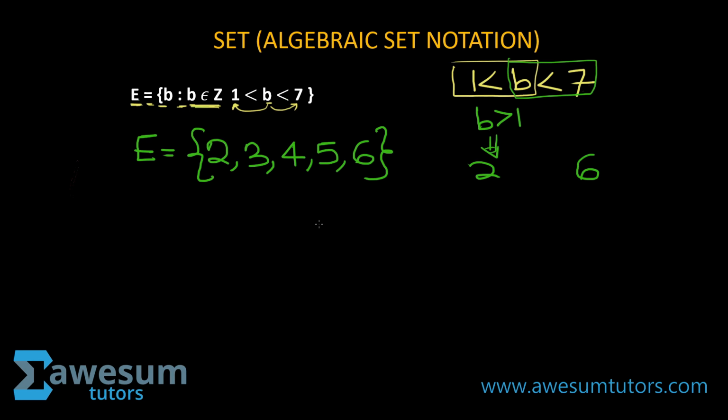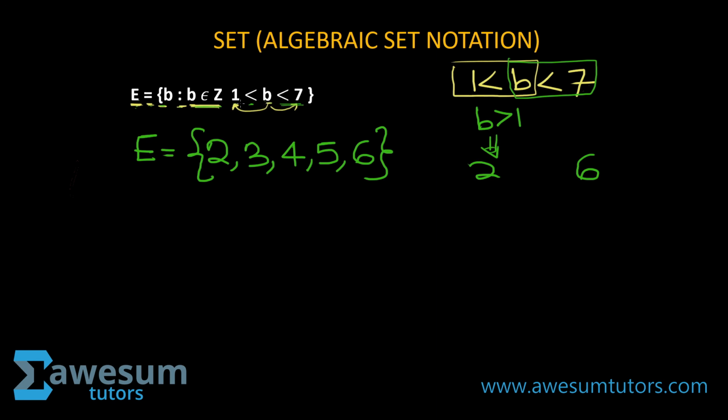Now, by now, you should be able to interpret algebraic set notation in set. Again, this means E is a set of B such that B is an integer and B is greater than 1 because of this sign right here. 1 is less than B means B is greater than 1, and B is less than 7.